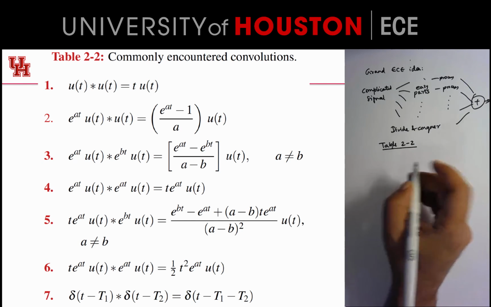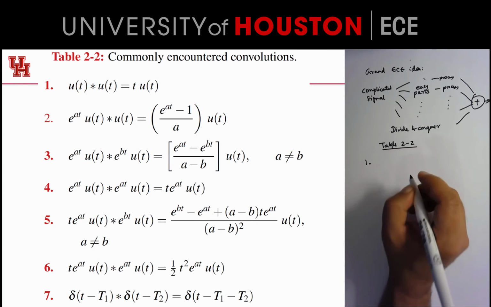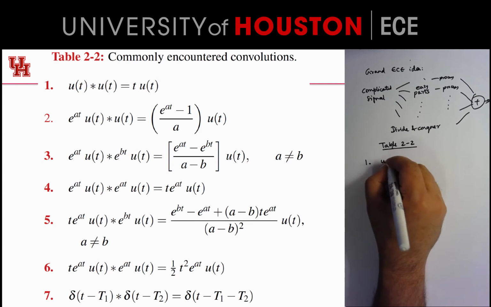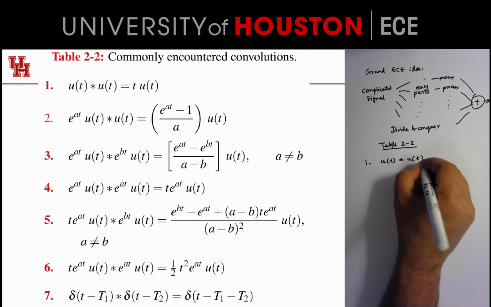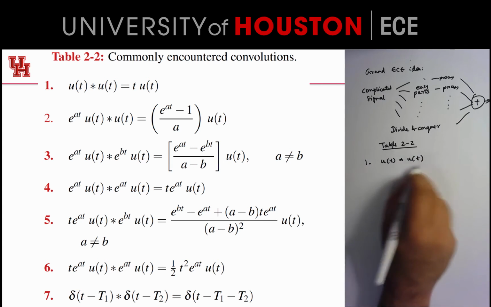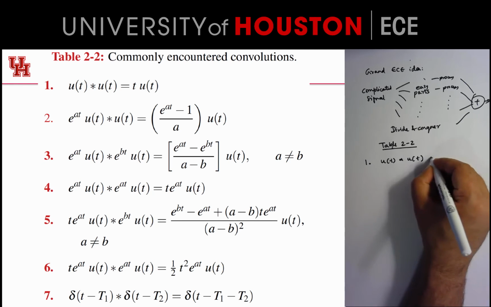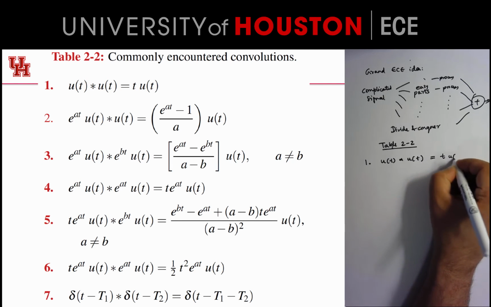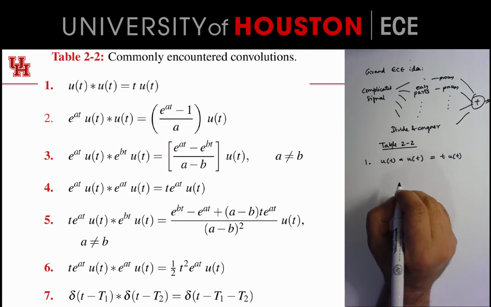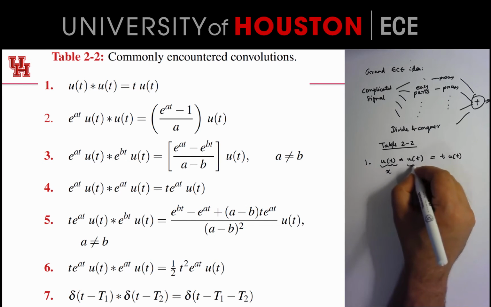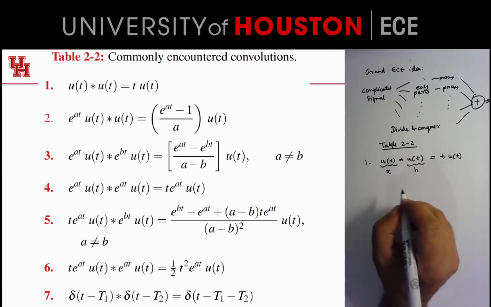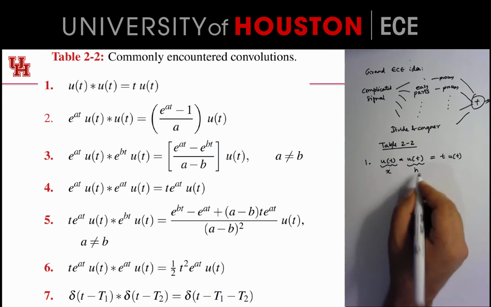Okay, so let's look at problem number one. You've got a step function u of t being convolved with u of t, and we want to show that this is simply t times u of t. How does this process work? This is like my x, this is like my h, and I'm going to stick them into the convolution formula.